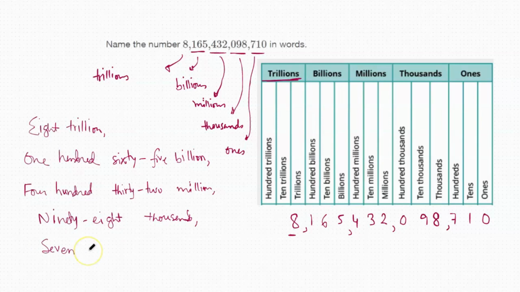And remember, again, we don't write the last period name, so it's 710. This is how we write the number in words.